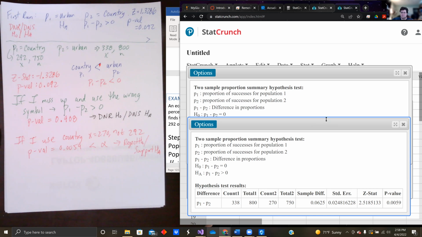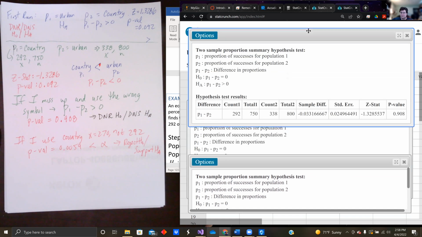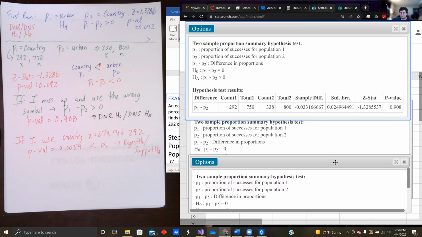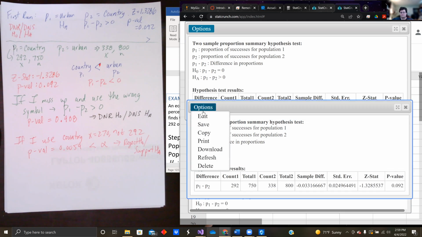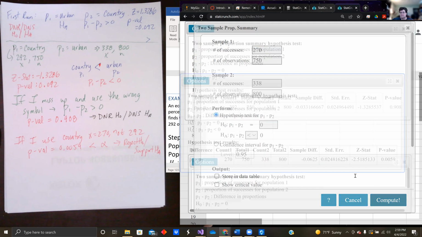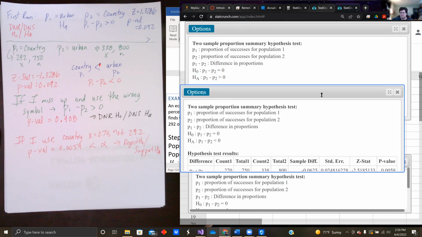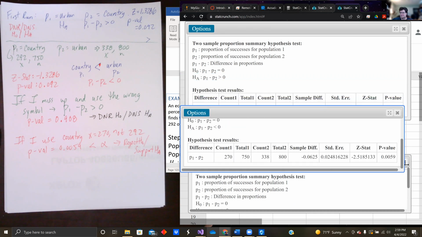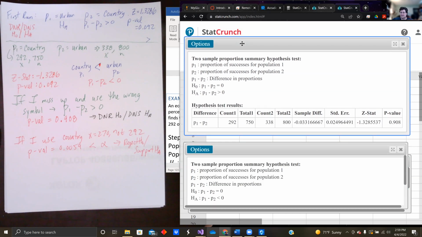Let me tinker with the other one and show what happens when we alter it. Like that's the one that didn't work. Let me show that this one still gets the same result. I'll put that to 270. And my p-value is 0.059 again. And now look what happens. This is the one where I had the wrong symbol.